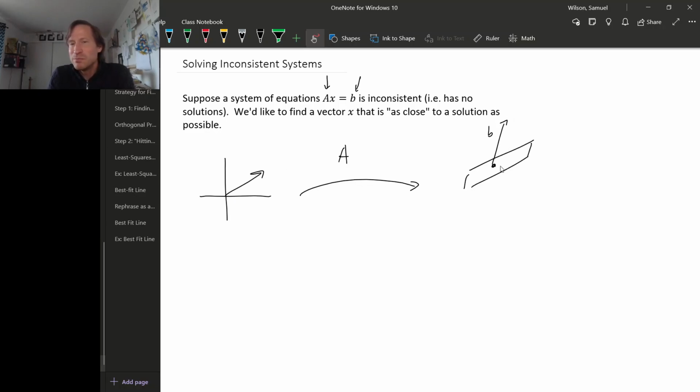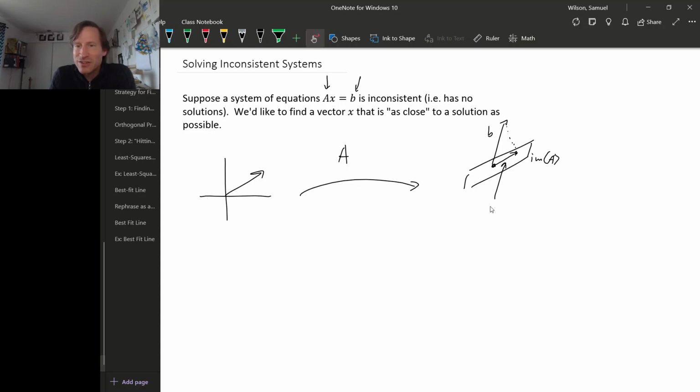So we can't produce b exactly, but b casts this shadow down on the image of A. This plane is supposed to be depicting the image of A. And since this is in the image of A, there's some vector as close as possible to b, some vector in the image of A that we can hit by starting over here.